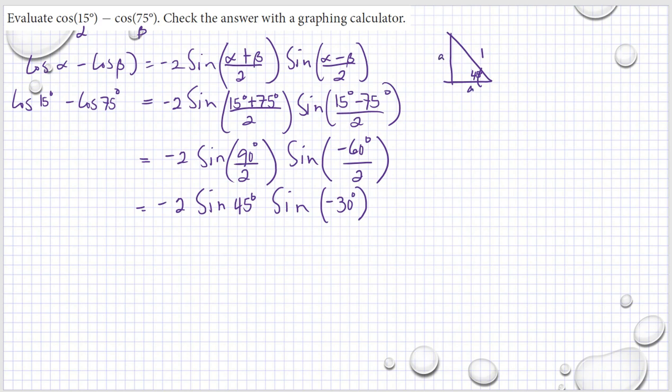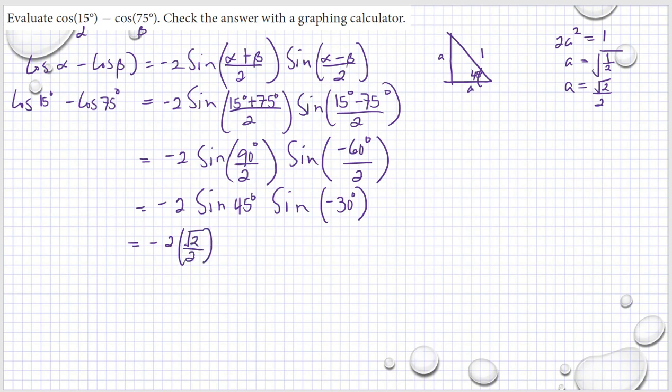So we have 2a squared is equal to 1. And then we have a is equal to square root of 1/2. So we have square root of 2 over 2 if you derive that. So we have now negative 2 times square root of 2 over 2.